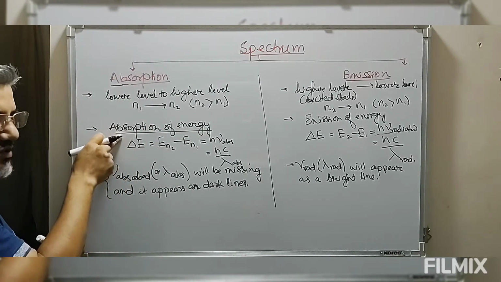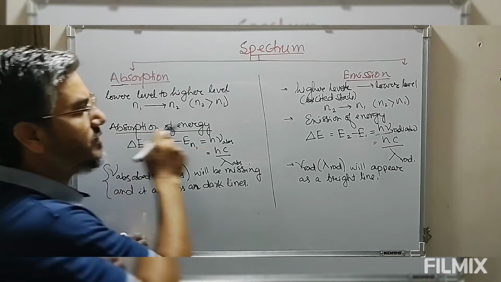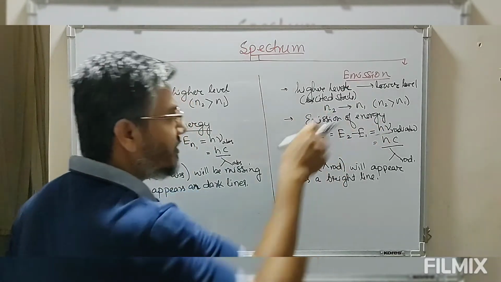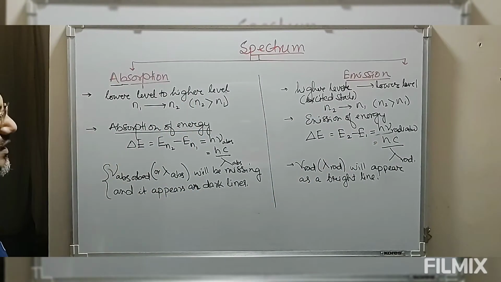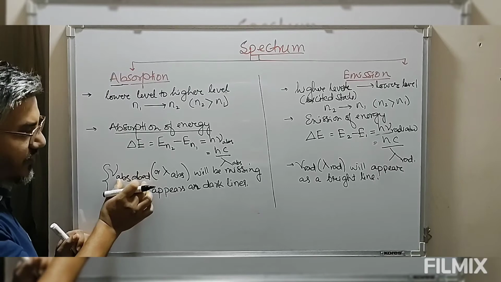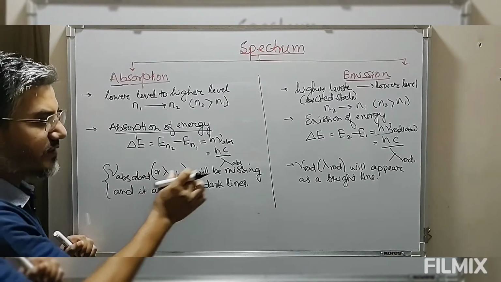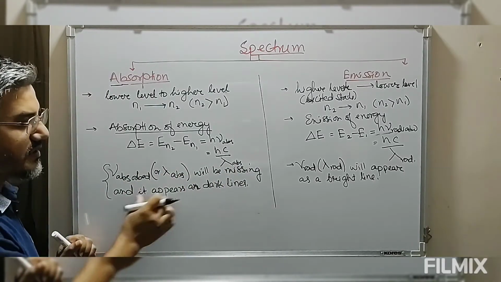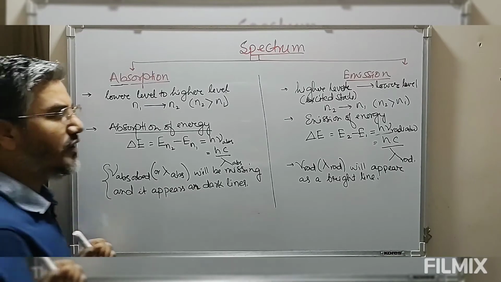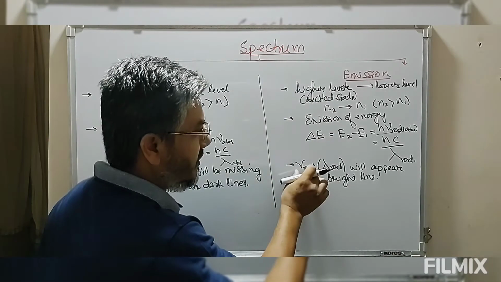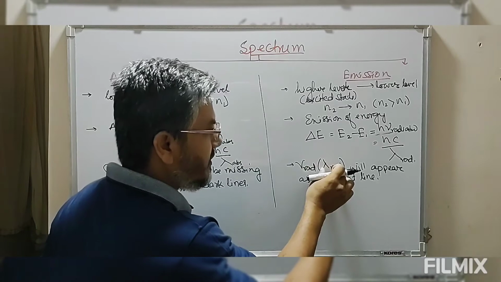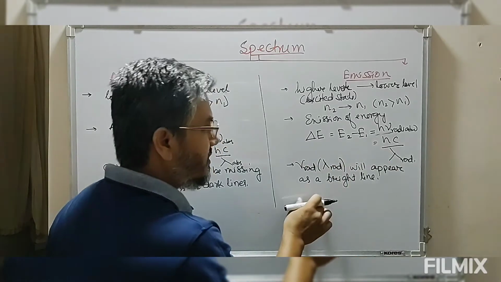Absorption of energy takes place for excitation. In the emission, energy is released when the electron is coming from the higher to the lower level. During the absorption, the frequency or wavelength is absorbed, and that will be completely missing in the spectrum, and it appears as a dark line. On the other hand, during the emission, energy is released, and the frequency or wavelength released will appear as a bright line.